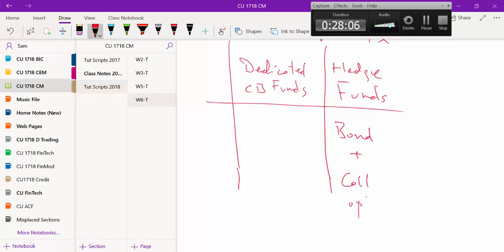Now, you don't need to be a genius to figure out that in the bond, there is credit risk. And with the call option, you have mainly two exposures. Number one, exposure to the stock price.